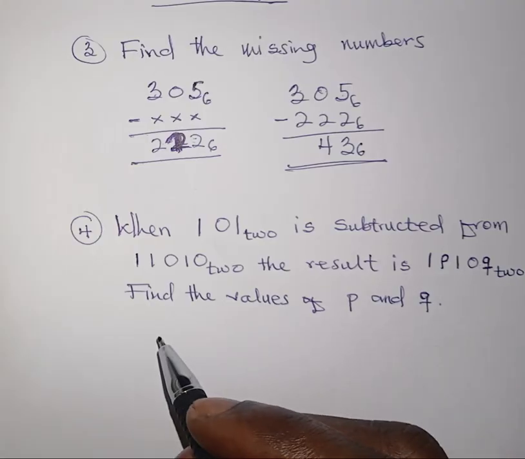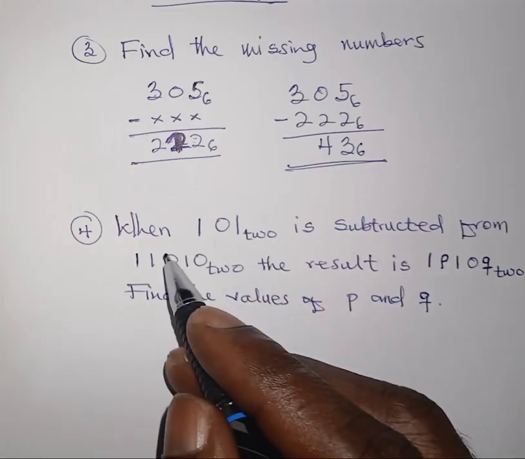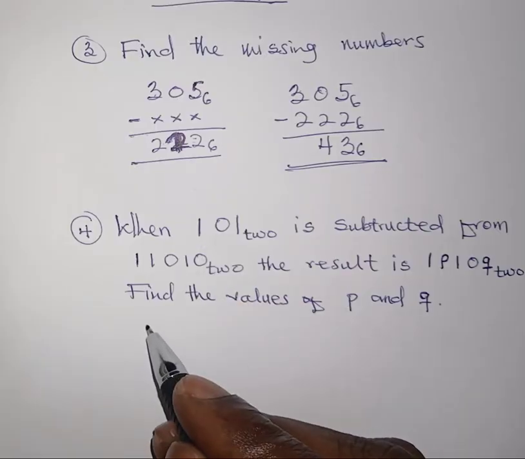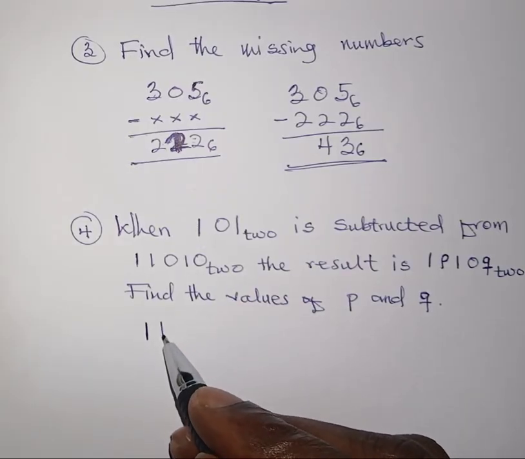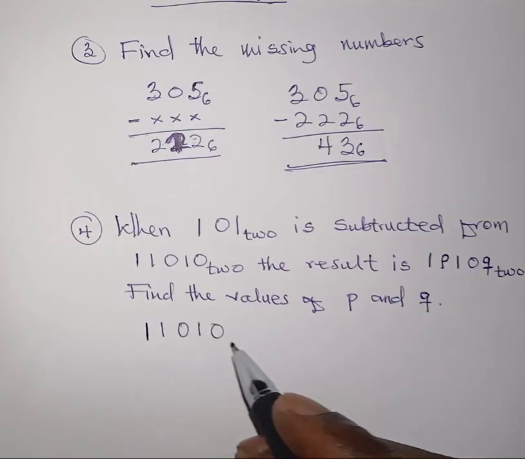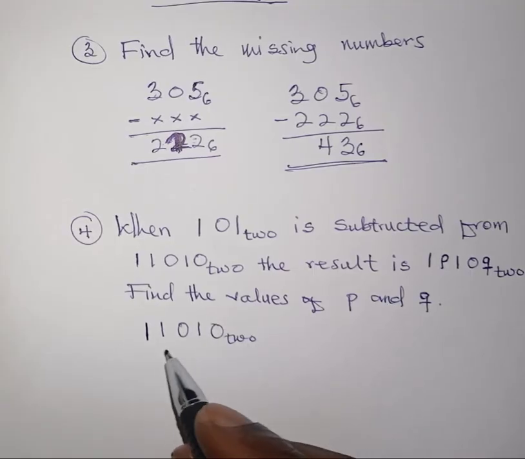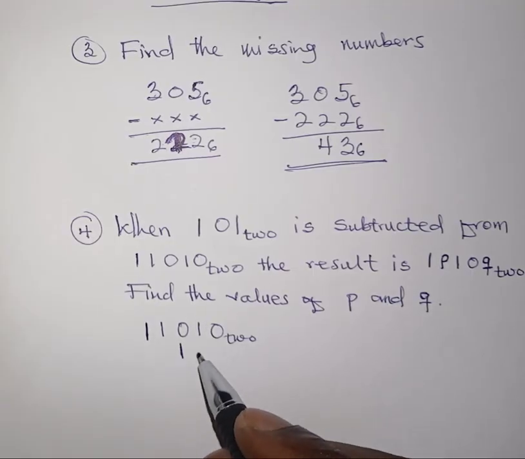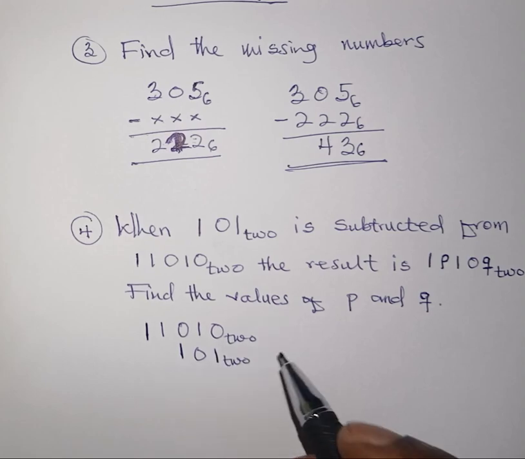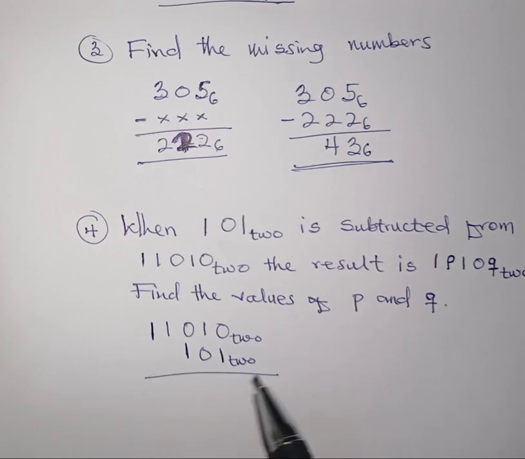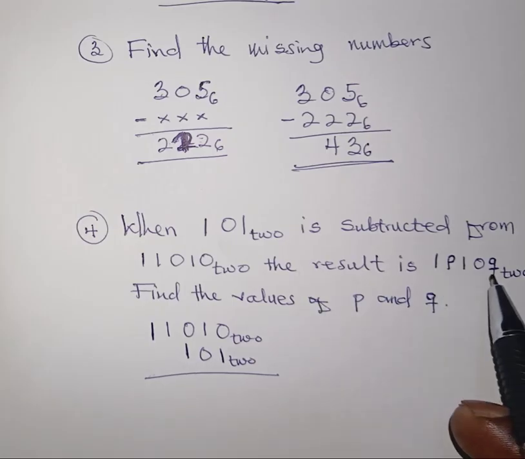So first of all, we need to find the difference of this. We are going to get 11010 base 2, and when this is subtracted from that, we are going to see if indeed we will get the result to be this.